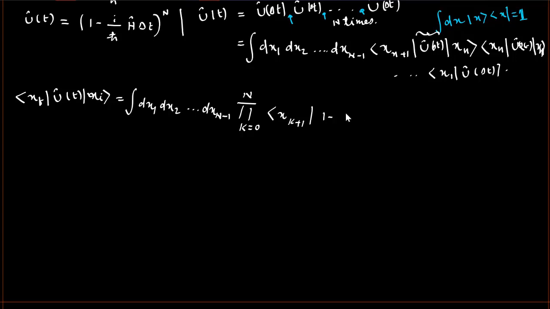into this state vector, into what it is, just this thing: 1 minus i over h cross Hamiltonian delta t, x_k. Okay, here when k equal to 0 it means it is the ground state or initial state, which is equivalent to x_i, and k equal to n means it is equivalent to x_f, or the final state.